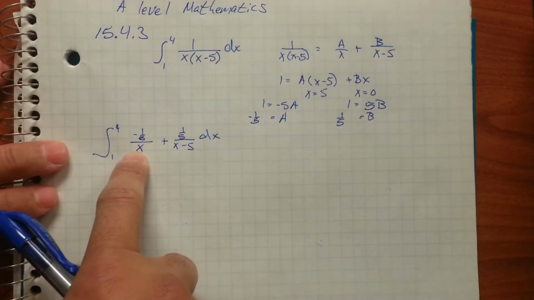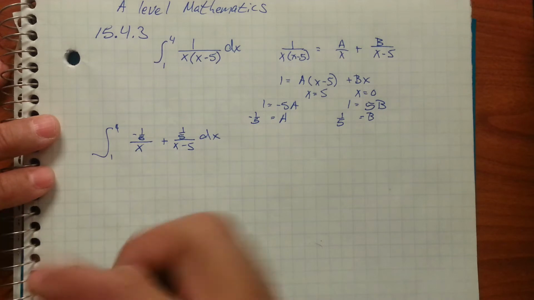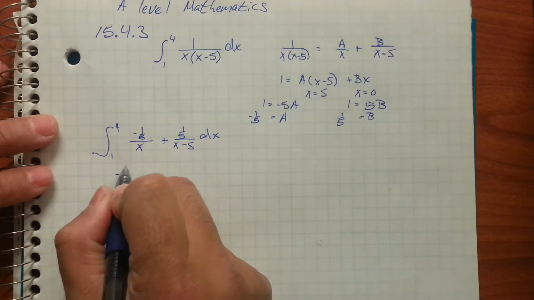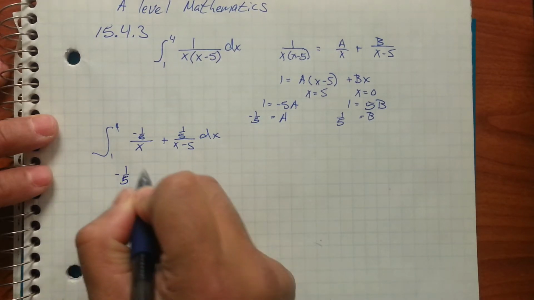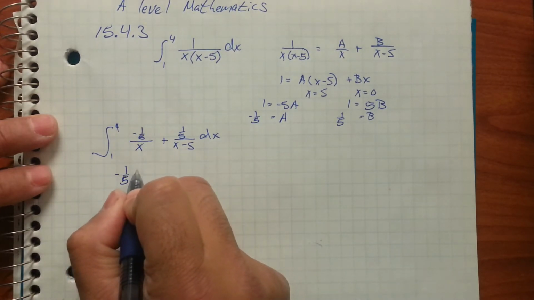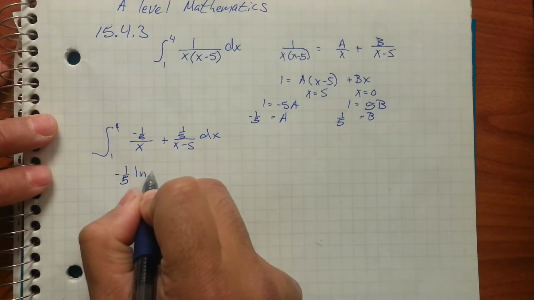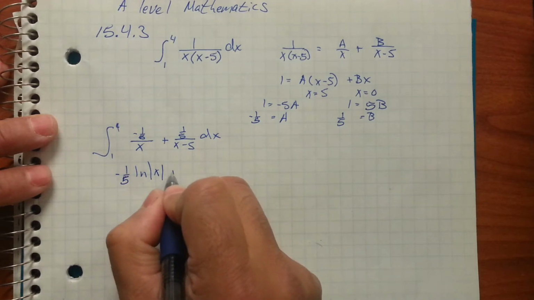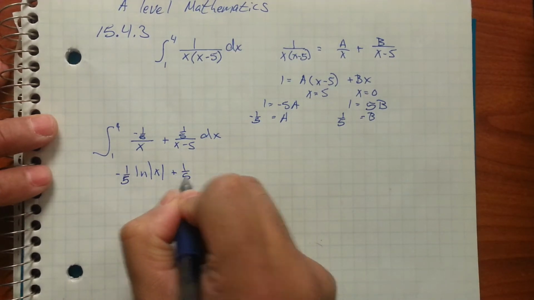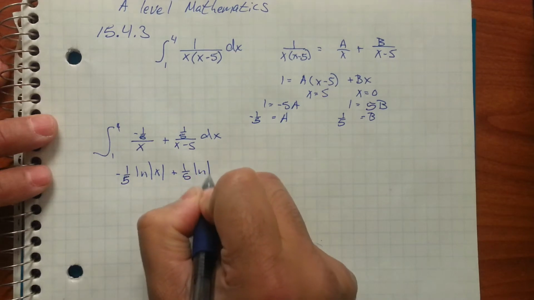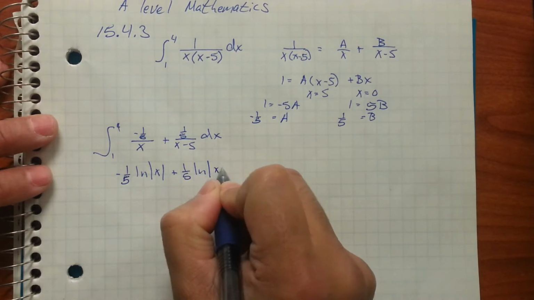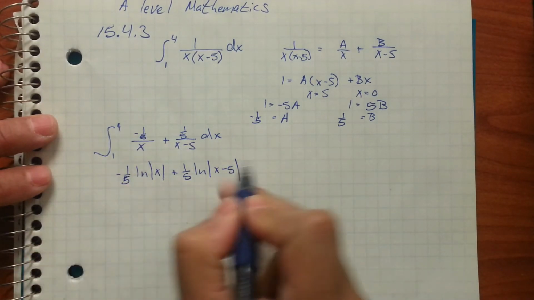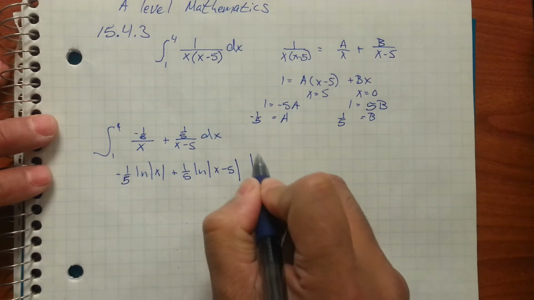If I do the integration of this, I'm going to end up having negative 1 over 5 ln absolute value of x, plus 1/5 ln absolute value of x minus 5, from 1 to 4.